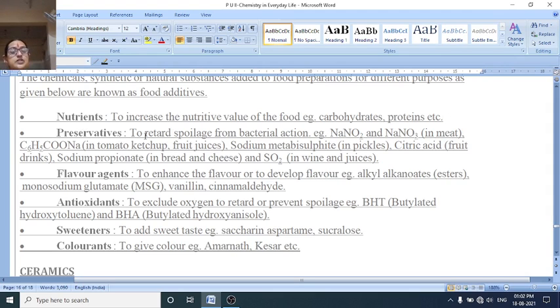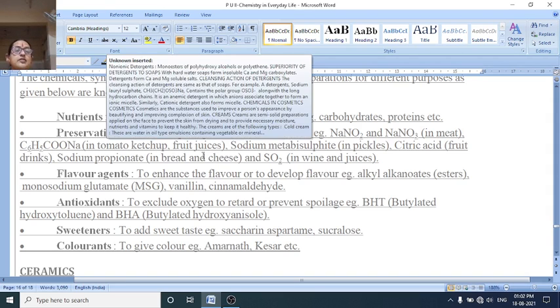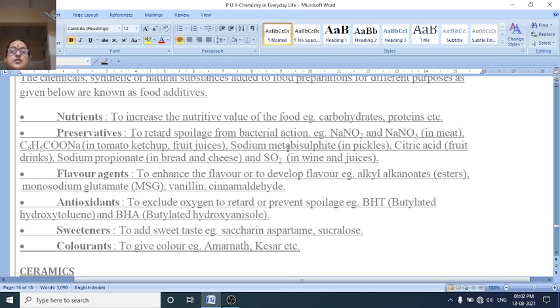Next is preservatives, to retard spoilage from bacterial action, for example sodium nitrate and sodium nitrite in meat. In tomato ketchup and fruit juice they add sodium benzoate, whereas sodium metabisulfite and citric acid in pickles. In fruit drinks, sodium propionate in bread and cheese, and sulfur dioxide in wine and juices.